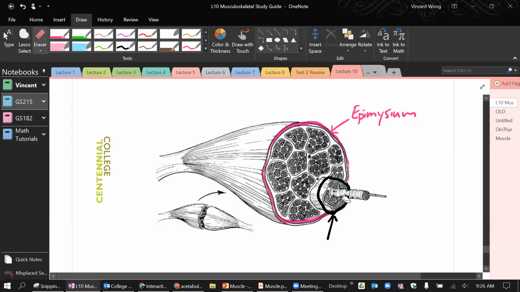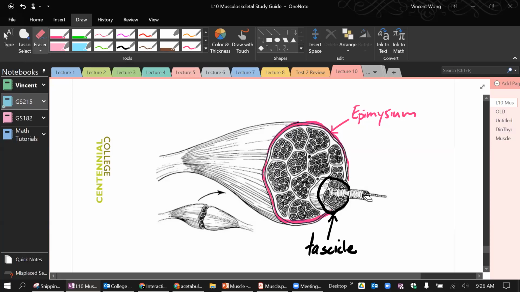Do you know what this is? I think that is muscle fiber. That is a bundle of muscle fiber. So good try though. That is the fascicle. Okay, so fascicle here, fascicle here, fascicle here.